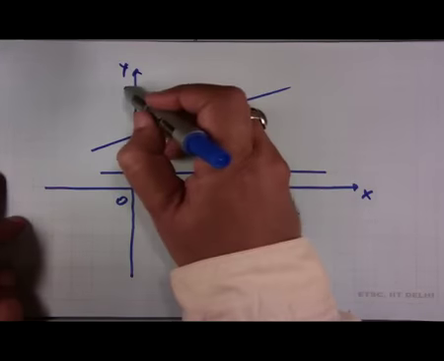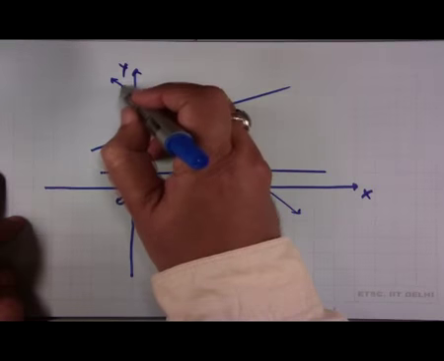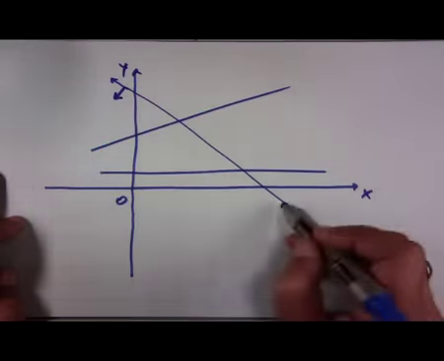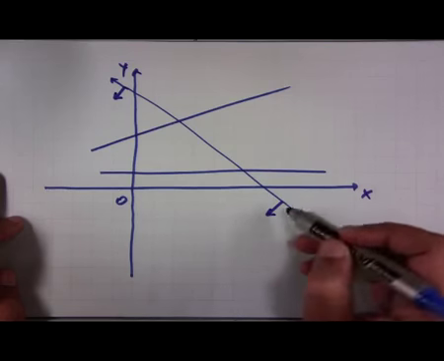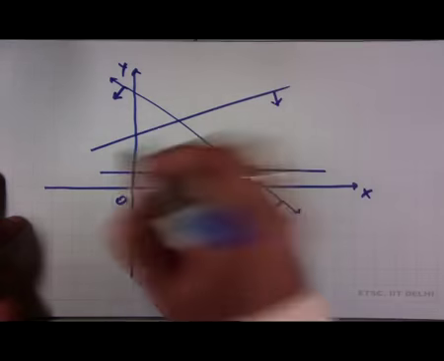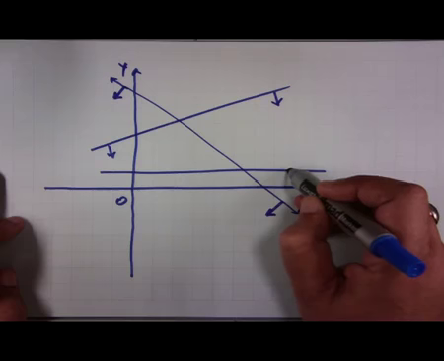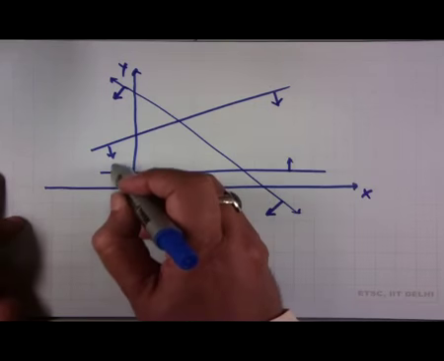This constraint defines this half plane, this constraint defines this half plane, and this constraint defines this half plane.